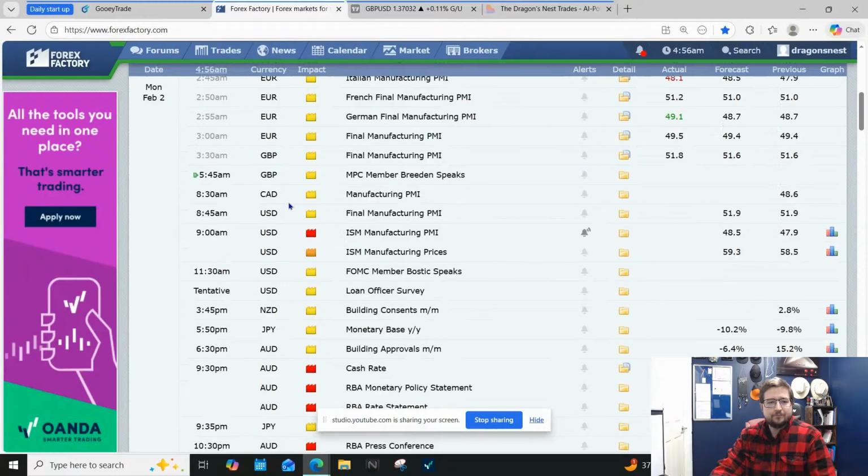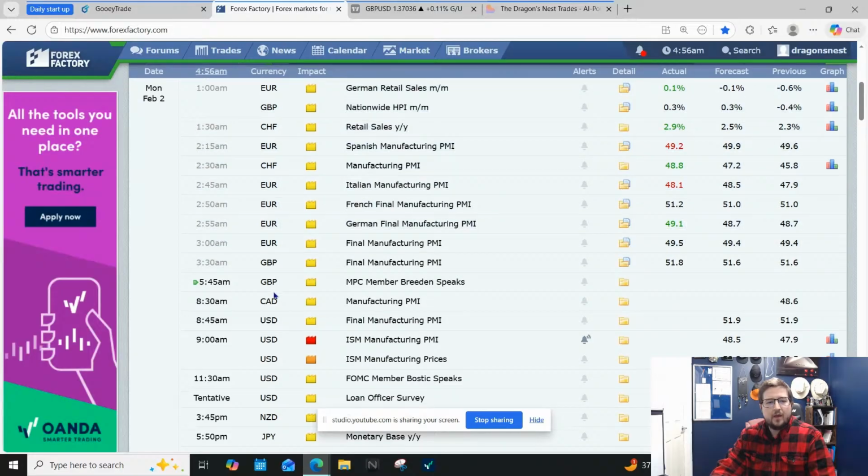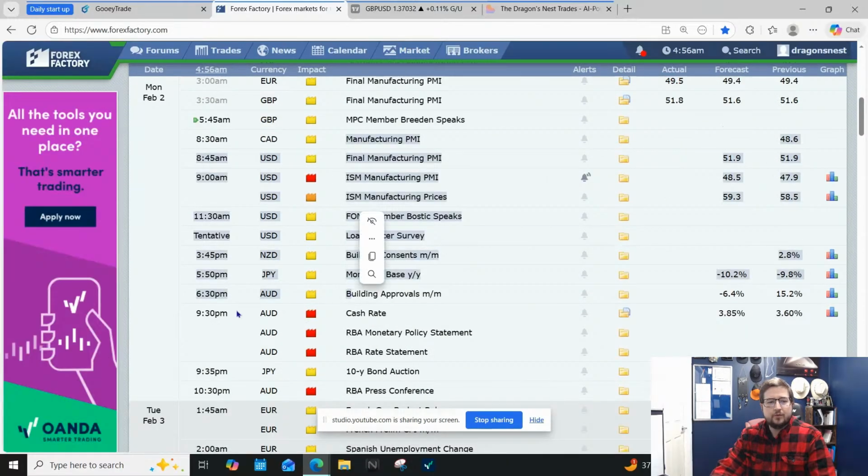Outside of that, news events for the day, we had some yellow folders already go off, and then we have some additional yellow folders throughout the remainder of the day. So additional fluctuations could occur, just keeping that in mind.